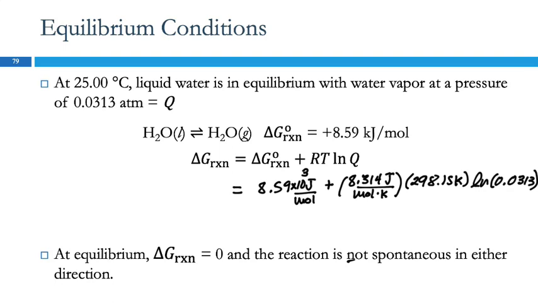So 8.59 times 10 to the third plus 8.314 times 298.15 times the natural log of 0.0313. I think I did something wrong.